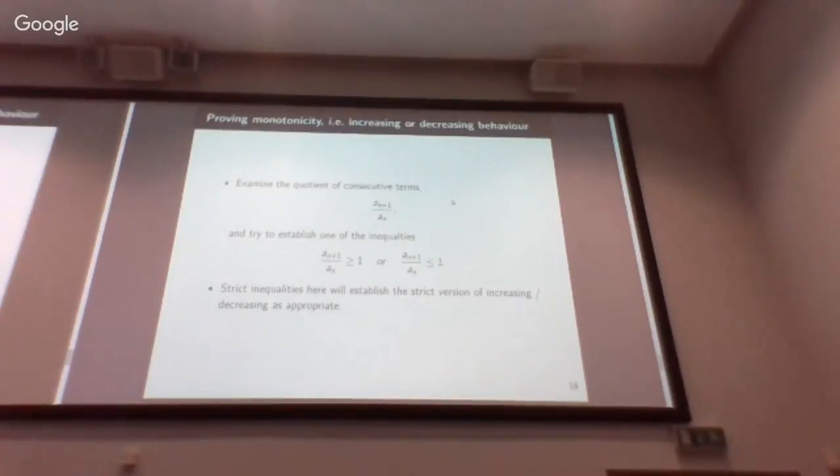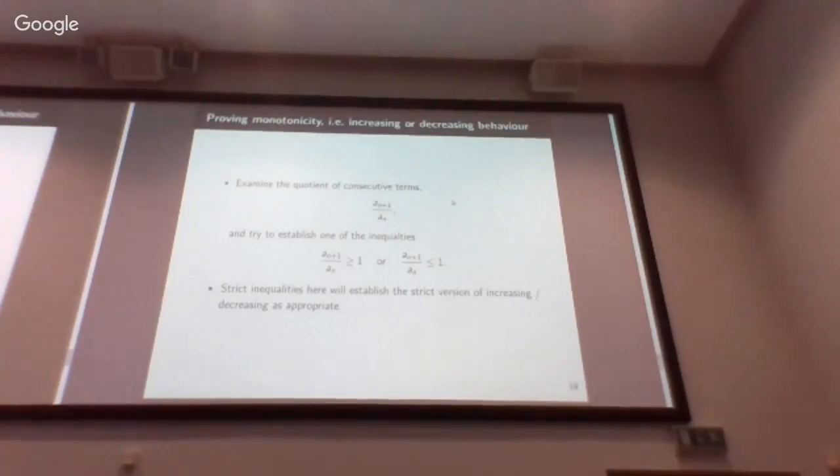Then we're not going to be comparing the ratio to 0, because ratios are interesting in their comparison to 1. You compare the ratio to 1, and you either prove it's bigger than or equal to 1, or less than or equal to 1. And that will allow you to say whether the sequence is increasing or decreasing, because when you multiply both sides of the inequality by a_n, you'll get the increasing or decreasing inequality.